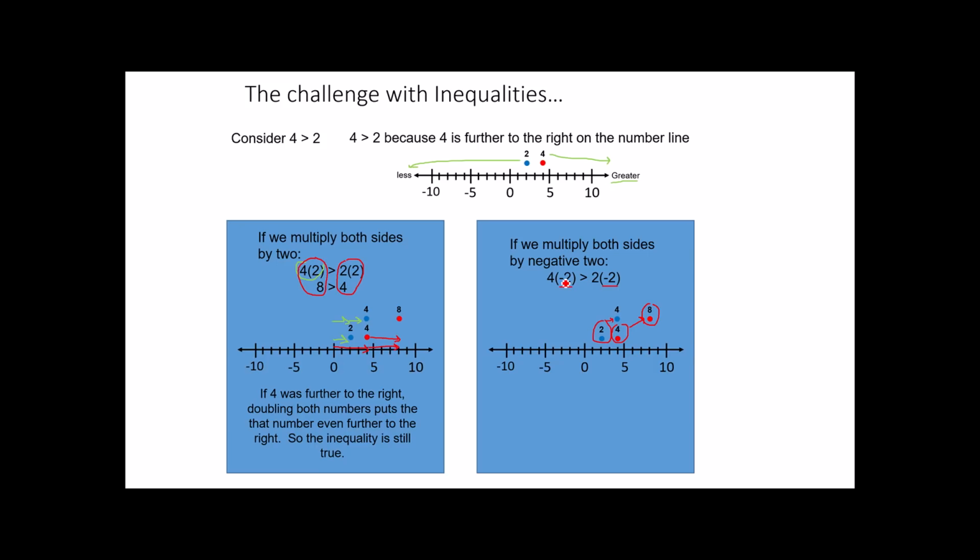But the negative sign does something interesting. When I use that negative sign, instead of going to the right, I actually end up going to the left. And I end up at negative 8 and negative 4. You see, this negative sign changes the direction of the problem.